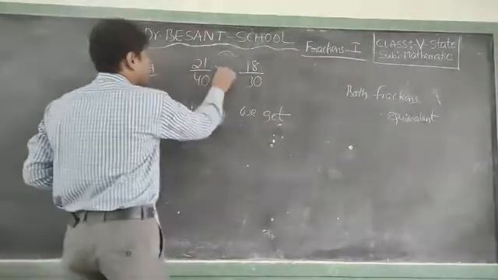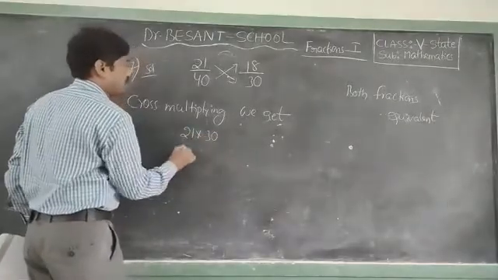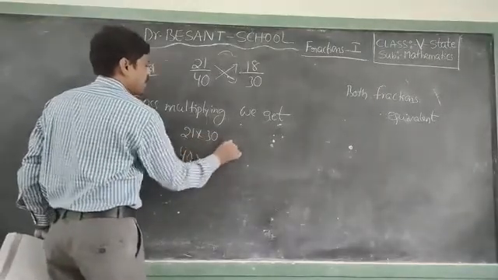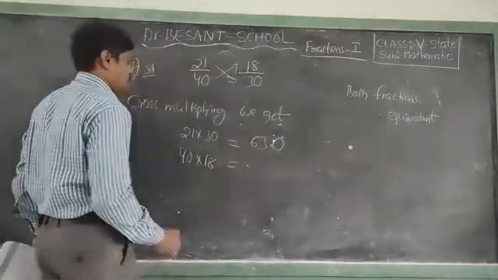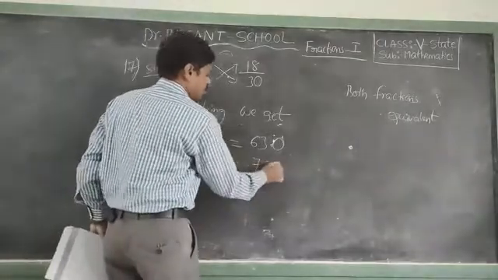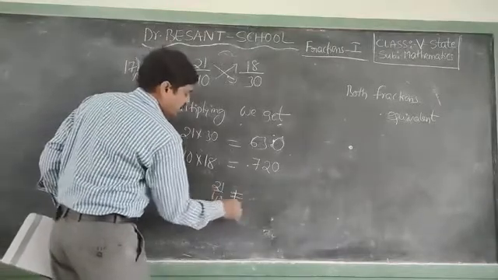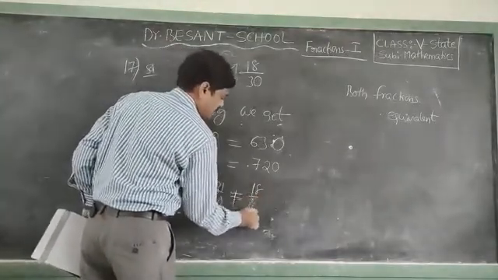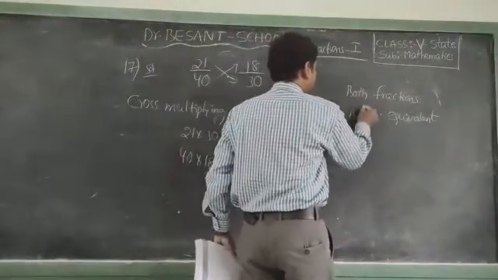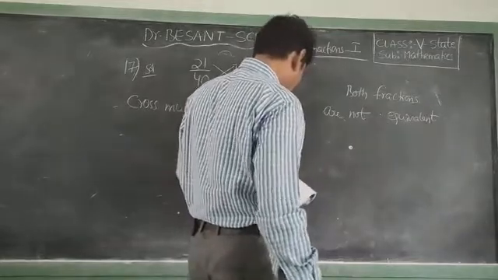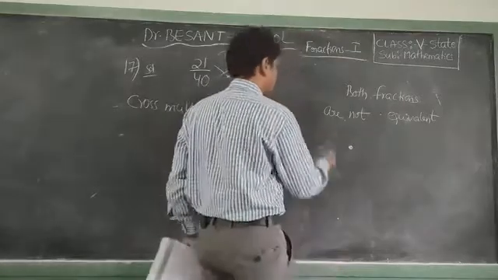So cross multiplication, we get 21 into 30 is 630, and 40 into 18 is 720. That's why 21 by 40 is not equal to 18 by 30. Both fractions are not equivalent.